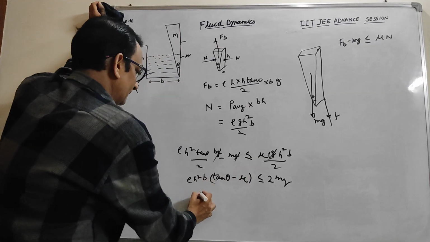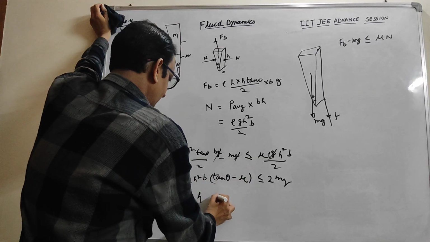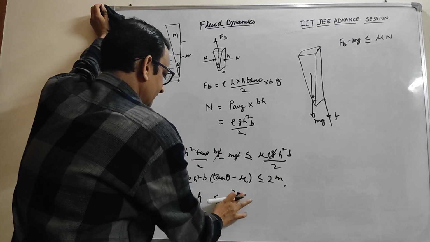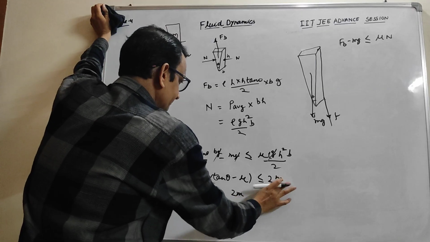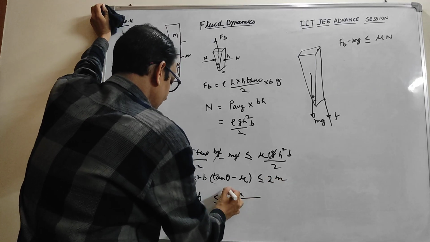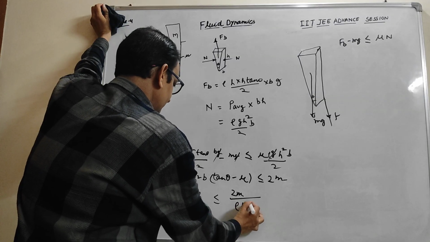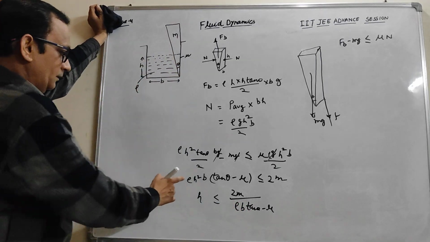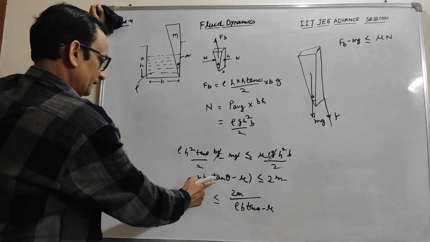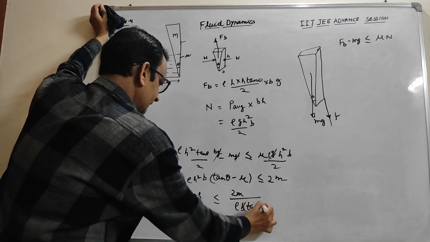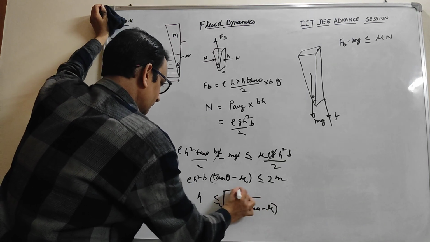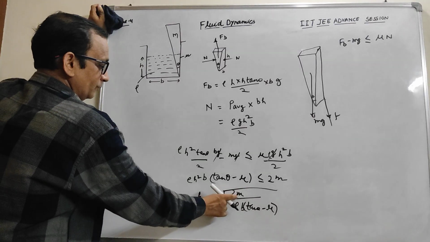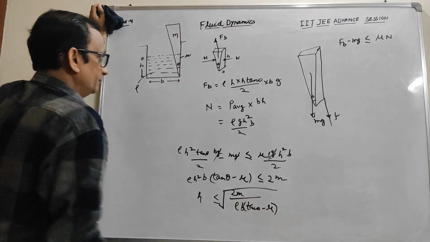So h would be 2 mg over rho b g (tan theta minus mu), g cancelled, only 2m, under root. So height would be less than or equal to this. So height would be the square root of 2m upon rho b (tan theta minus mu).